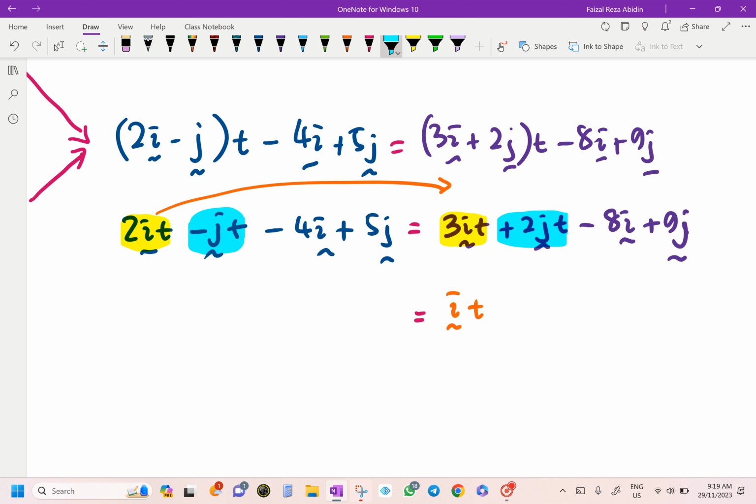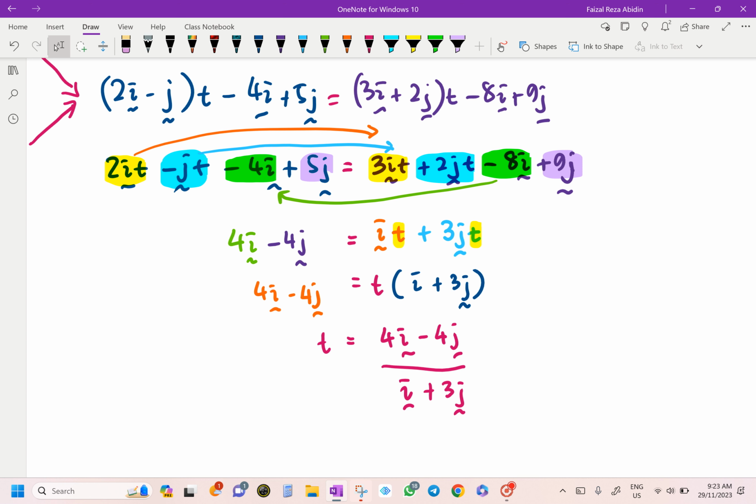Dia buat I J. Kenapa aku kembangkan berbeza dengan dia? Kejap. Okey, ambil balik. Kejap. Negative 4.